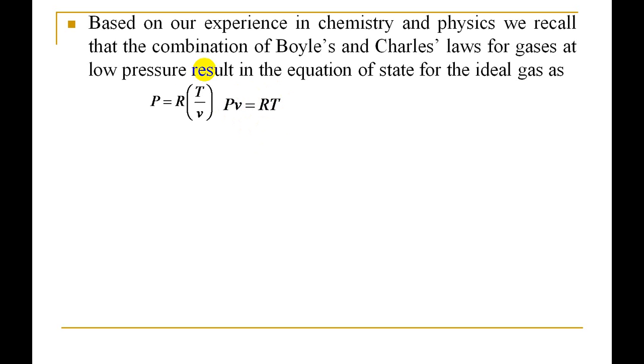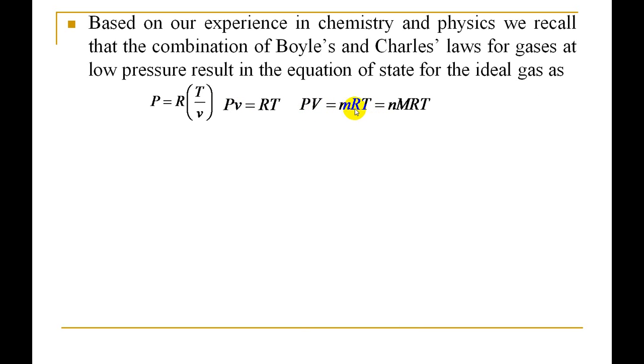Again, we can rewrite this equation in another form. Instead of specific volume, we can use volume and mass, which means volume over mass is equal to specific volume. Then PV = mRT.